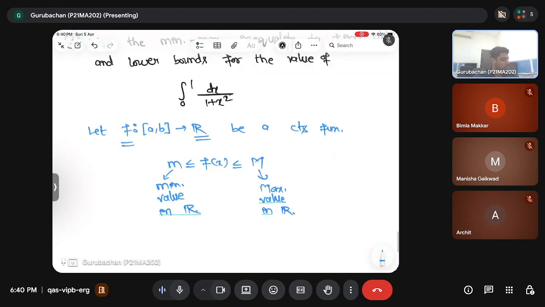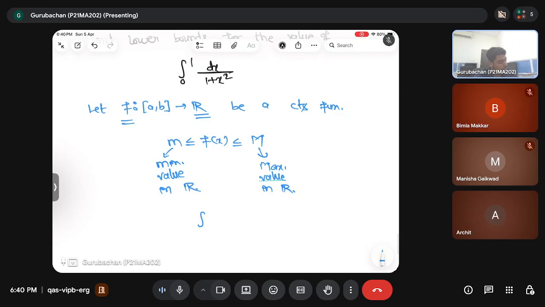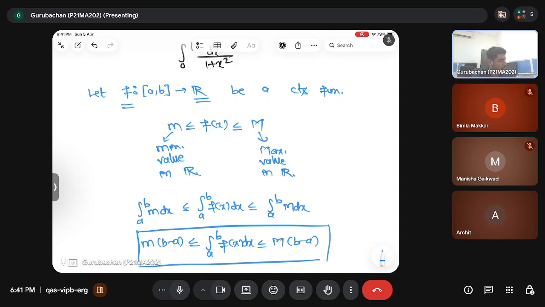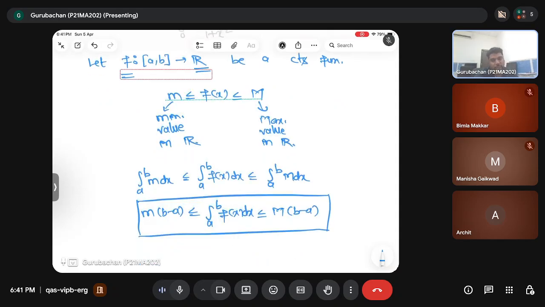So whenever this occurs, the integral from a to b of f(x) dx will lie between m into (b minus a) and capital M into (b minus a). This is your min-max inequality.